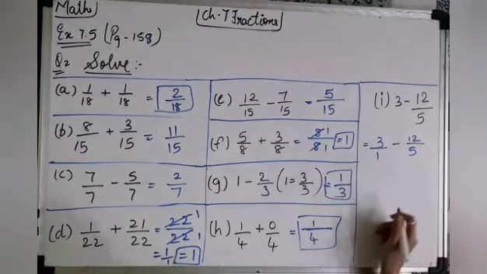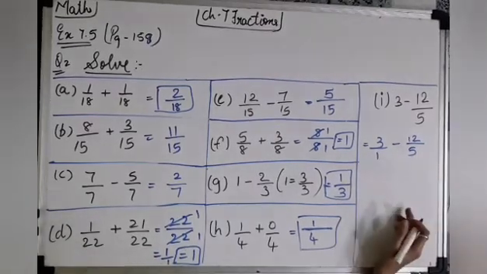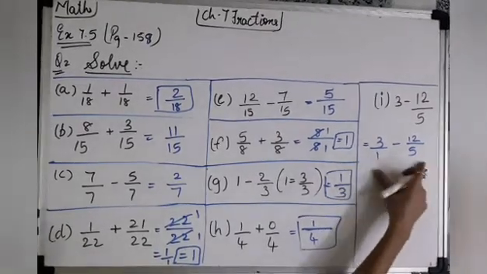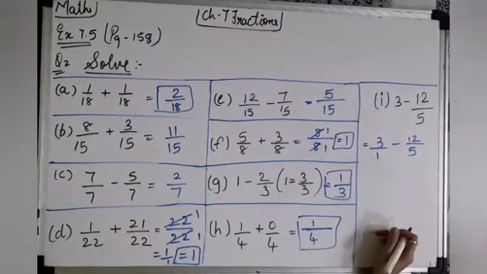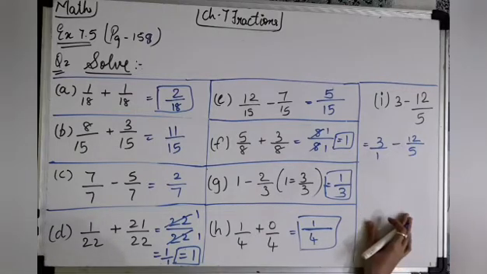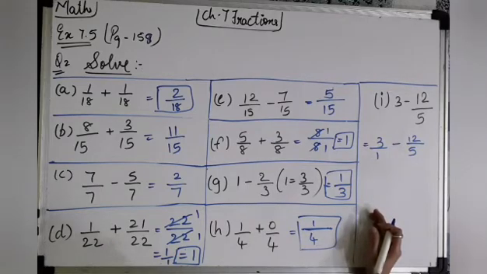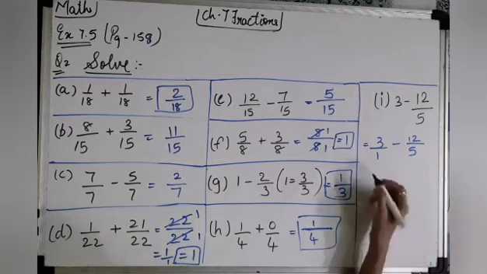So 1 and 5. Till now we have studied like fractions, but 1 and 5 denominators are different, meaning this is an unlike fraction. So what we will do, as I have taught you, is convert the unlike fraction into a like fraction, and then we will solve the sum.